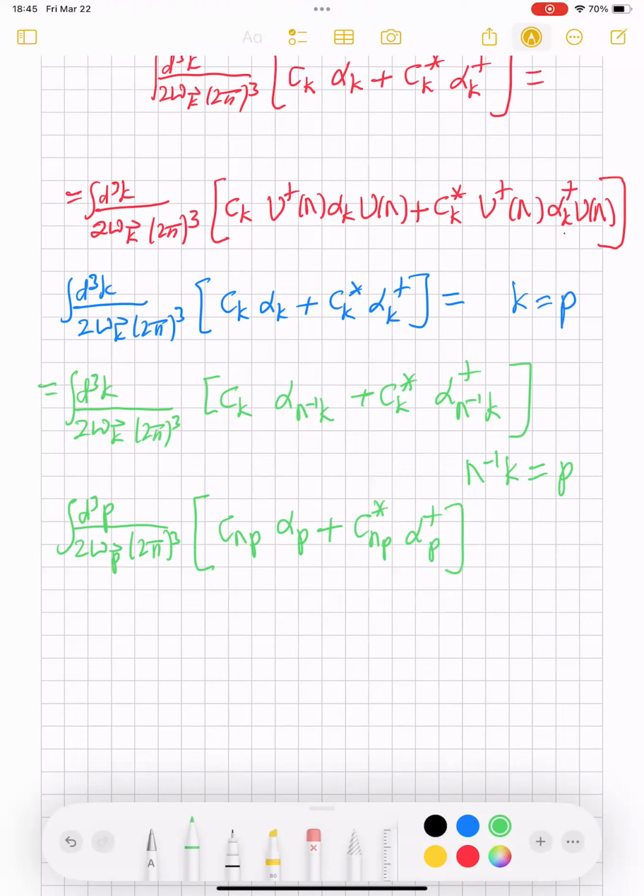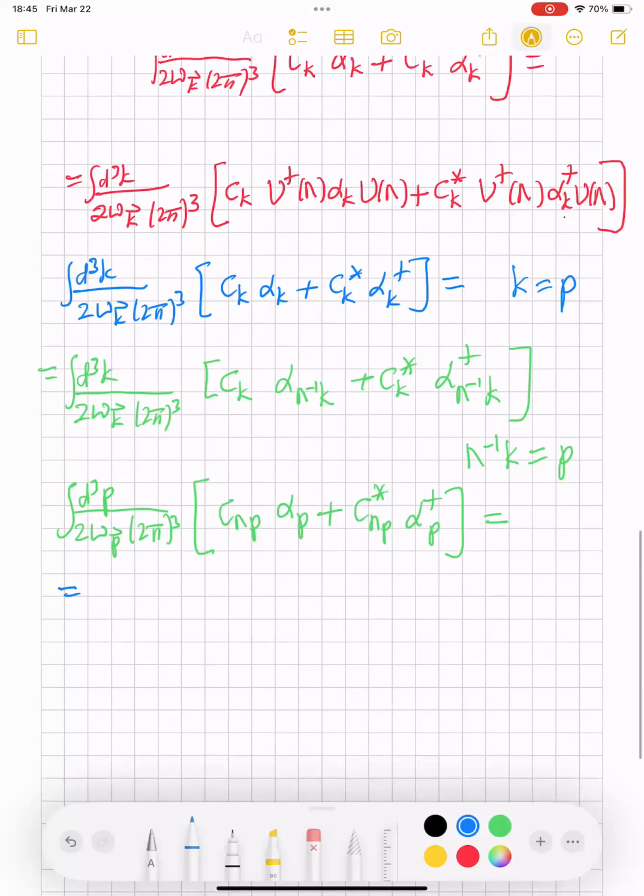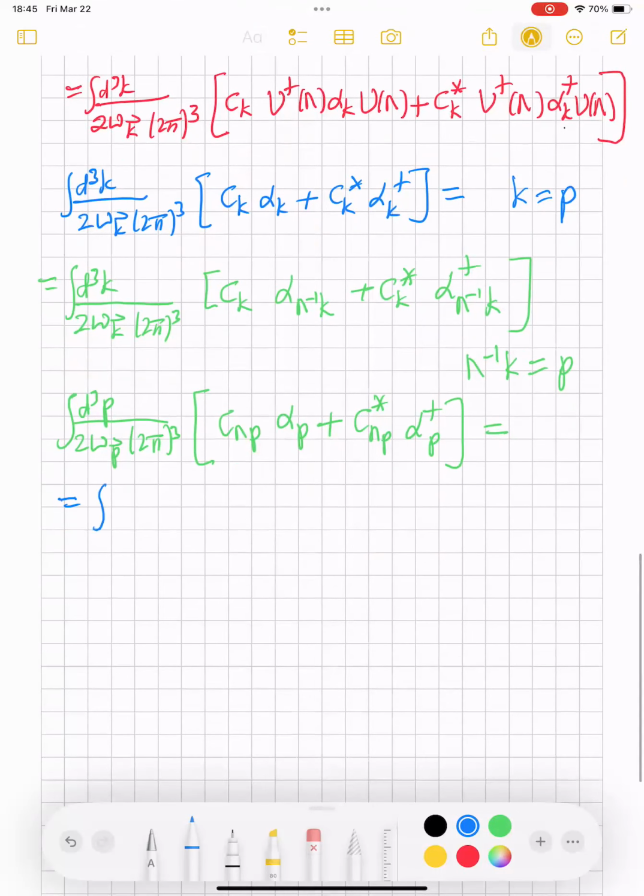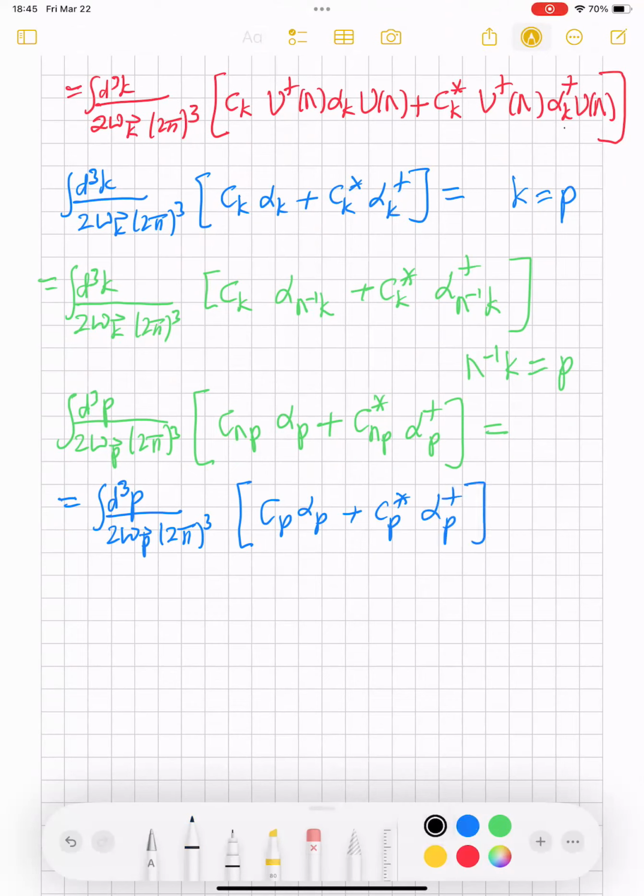And this will be equal to, now for the blue term, we have simply renamed our integration variable to p. So we've got an integral d3p over 2 omega p 2 pi cubed. And we've got cp alpha p plus cp star alpha p dagger. Good. And this is the equation that we need to satisfy axiom 4.